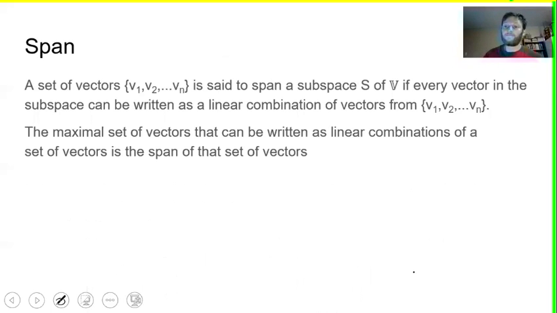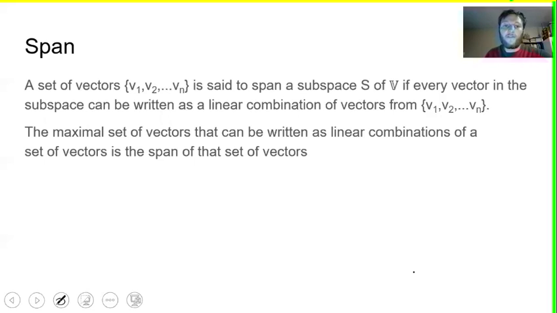All right, spanning is another concept we need. A set of vectors is said to span a subspace if for any vector that we can write in the subspace, we can write it as a linear combination of vectors from v1 to vn.